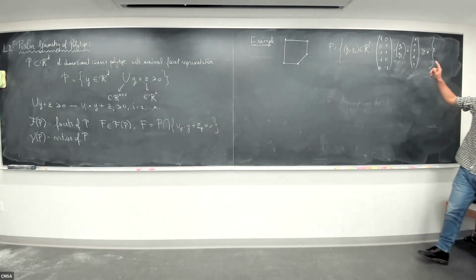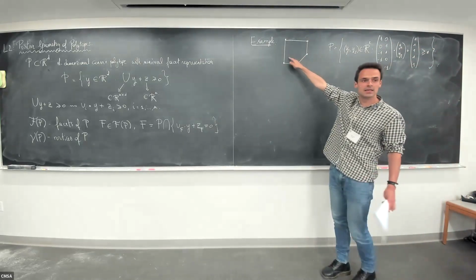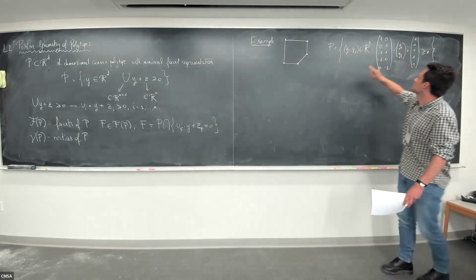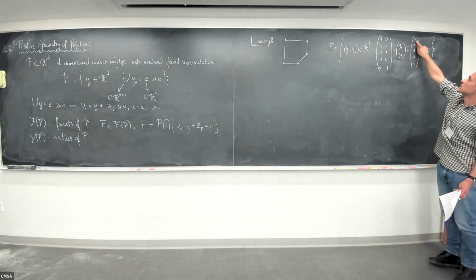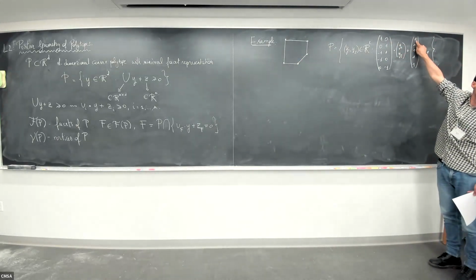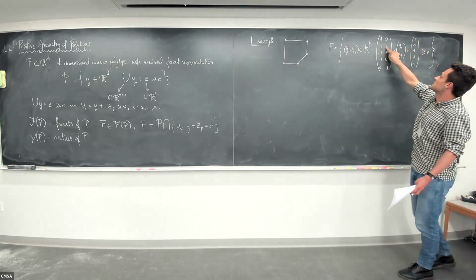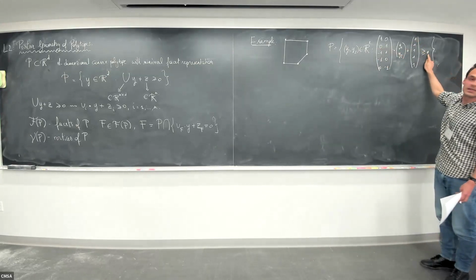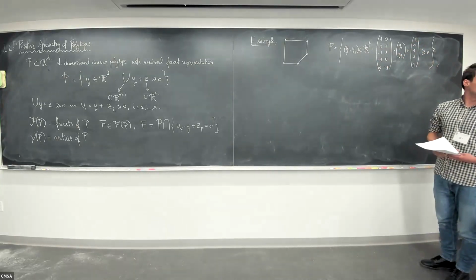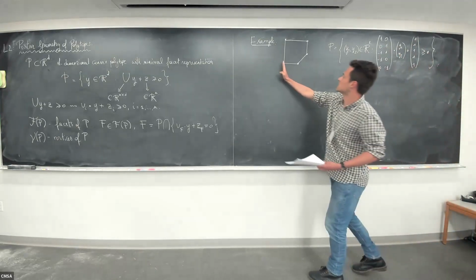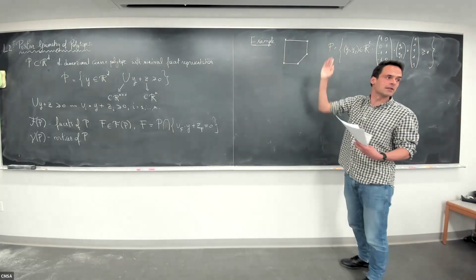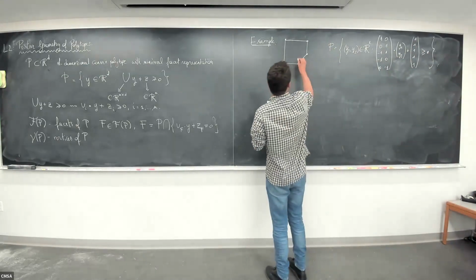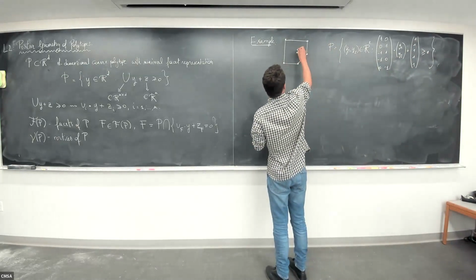The way you read this is the points inside this pentagon satisfy this dot this. So y1 plus 1 is at least 0. This reads y2 plus 1 is at least 0, and so on. Okay, so the first one gives you this half space, the second one gives you this half space, and if you intersect all of them, you get the pentagon. So the origin in this picture is here in the middle.